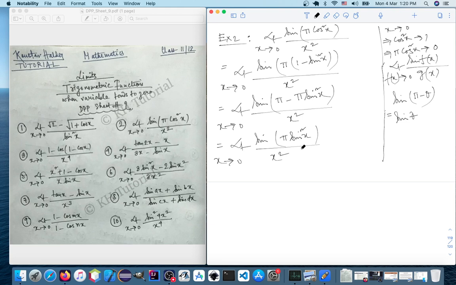Now we can create the pi sine square x, because pi sine square x at x tending to 0 is also 0. So we would like to create that to form the standard result. We have to adjust pi sine square x, and we have x square.